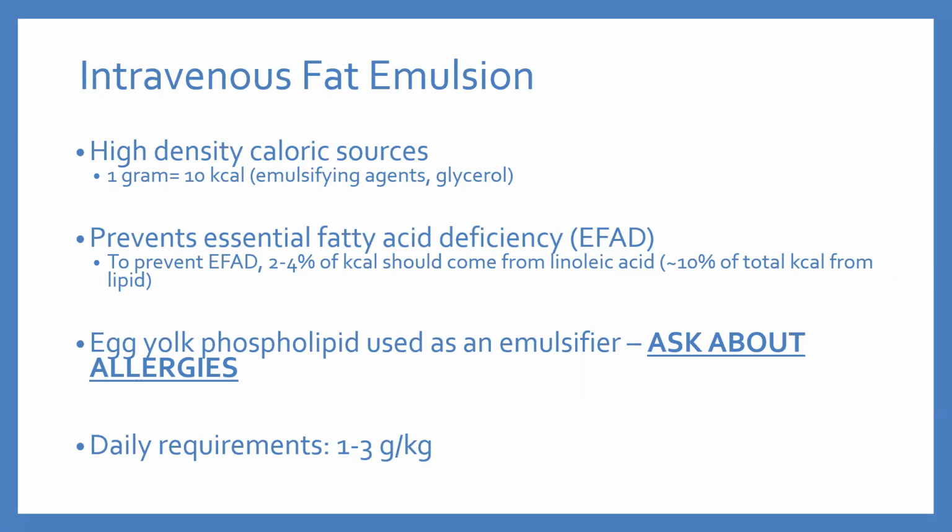What you'll see with essential fatty acid deficiency is that you'll see it as a biochemical diagnosis before you actually see some of the clinical signs as far as the dry, scaly rash, the hair loss, or the impaired growth. So if your triene to tetraene ratio is over 0.2, that is signaling that there is an essential fatty acid deficiency. Usually when it's above 0.4 is when you'll actually see the clinical signs.